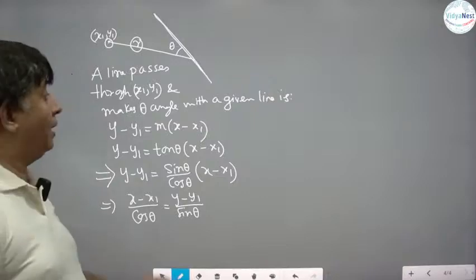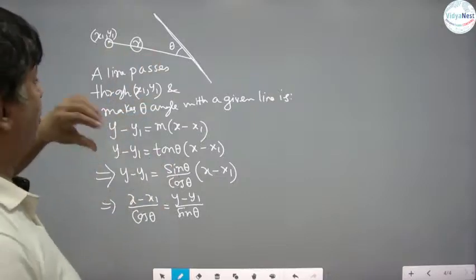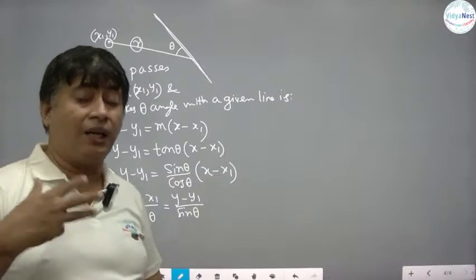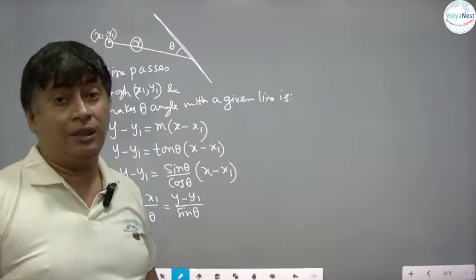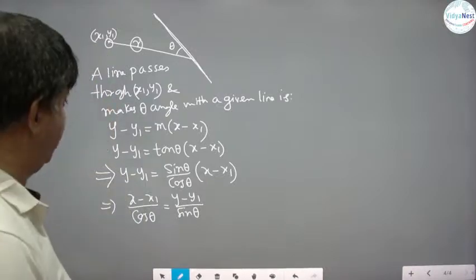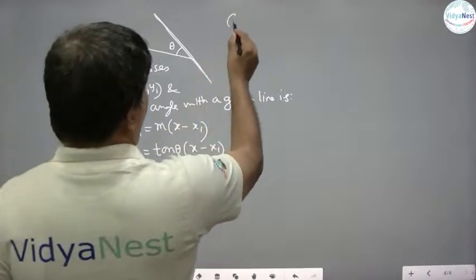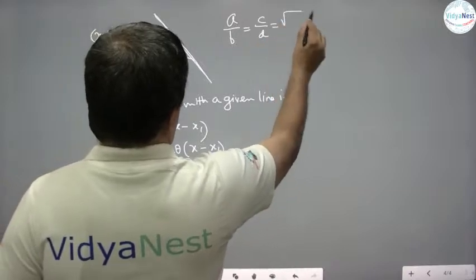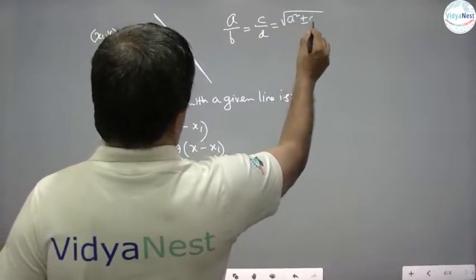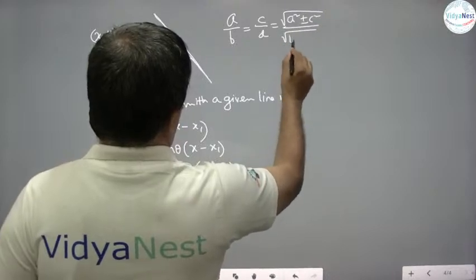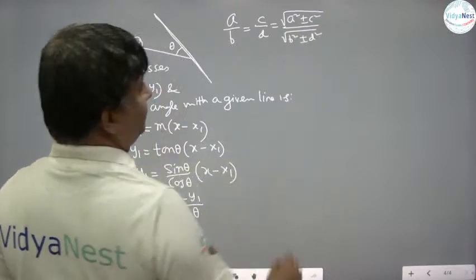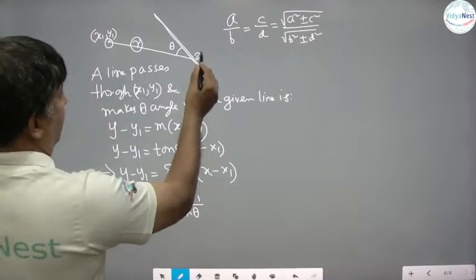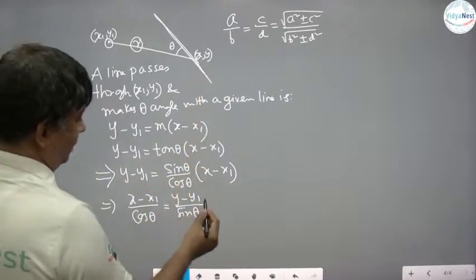Now, how to find the distance? To do that, you apply one trick which you did in junior class in ratio and proportion. What is that formula? In junior class you were taught a/b = c/d is equal to the root of (a² ± c²) over (b² ± d²). This point is let us say (x, y).